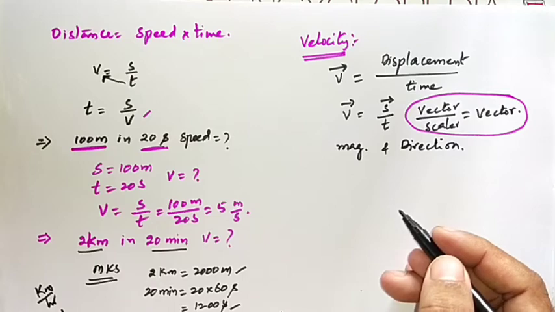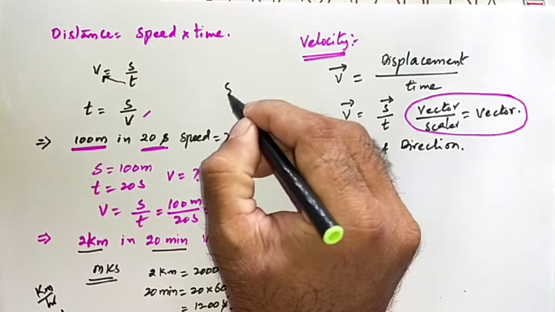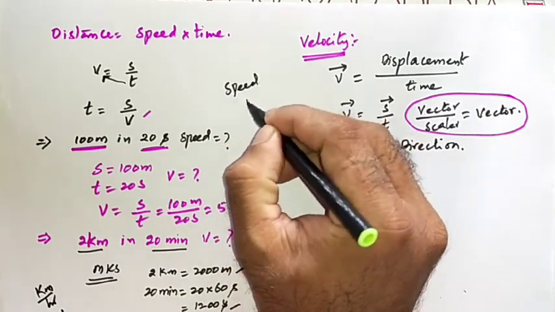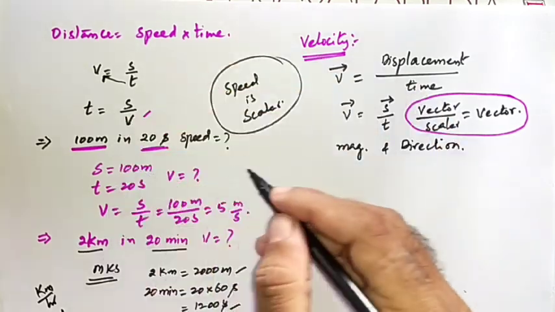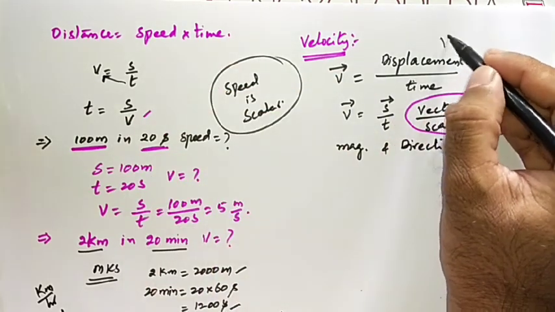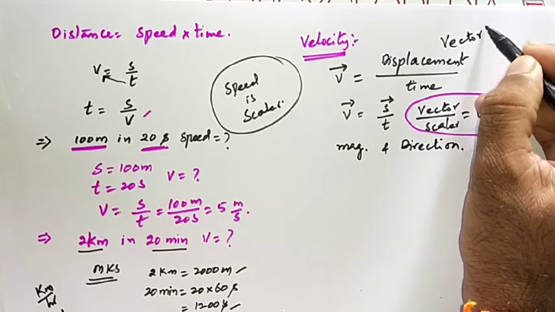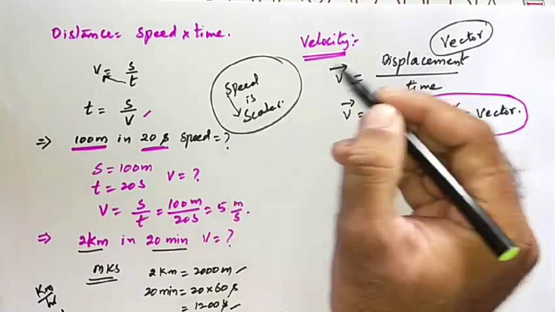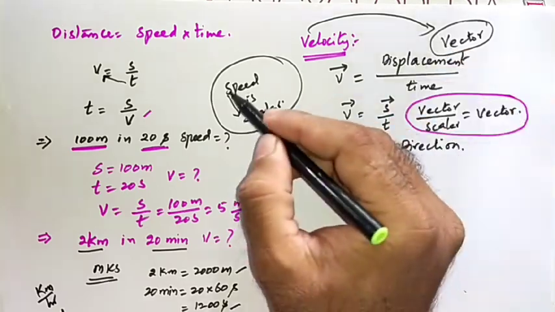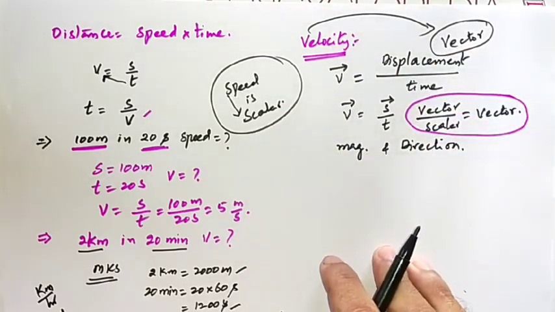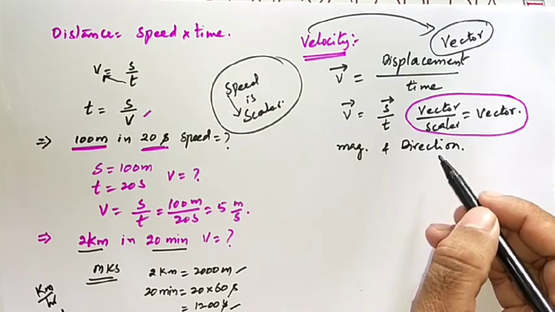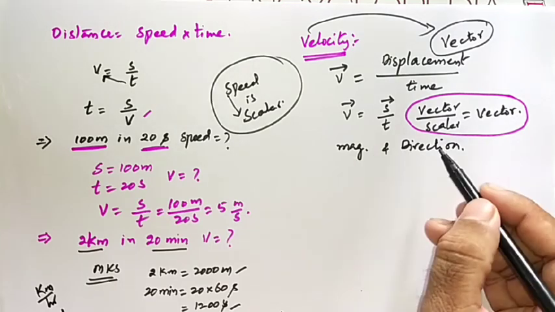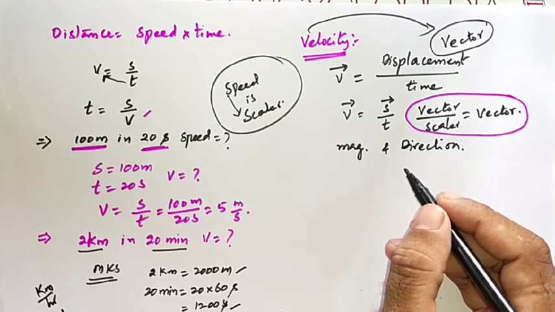Speed is scalar. Velocity is a vector. Speed scalar, velocity vector. S, S, V, V. Easily you can remember. So velocity has magnitude and a direction. See here, speed with direction we can call velocity.